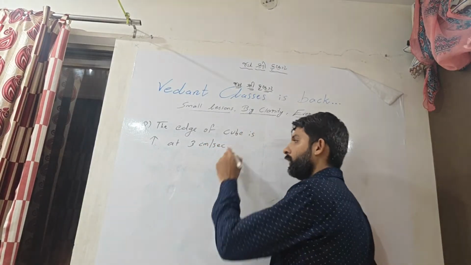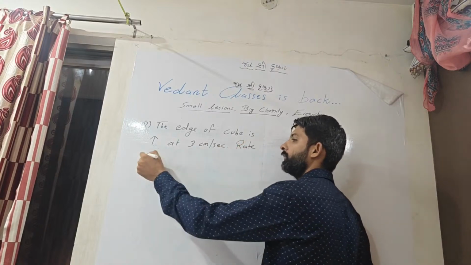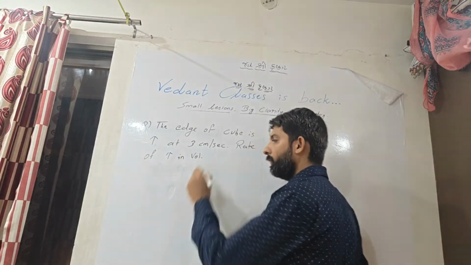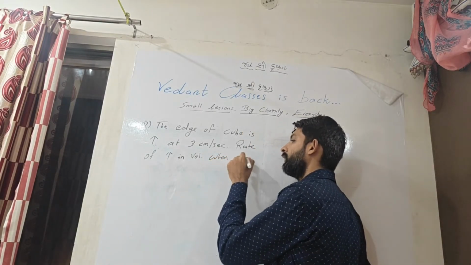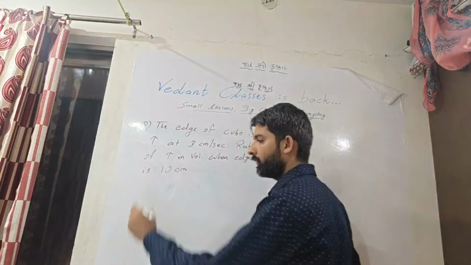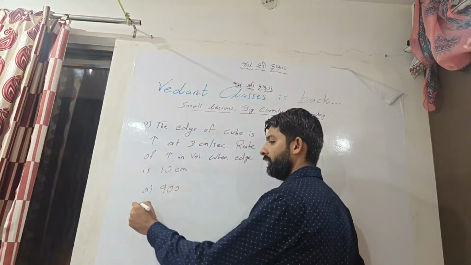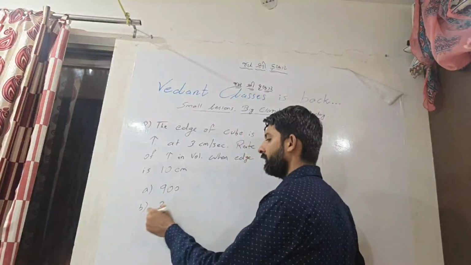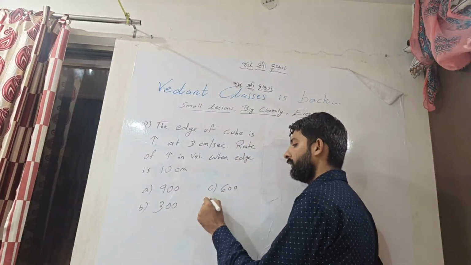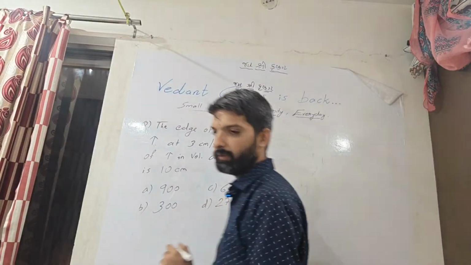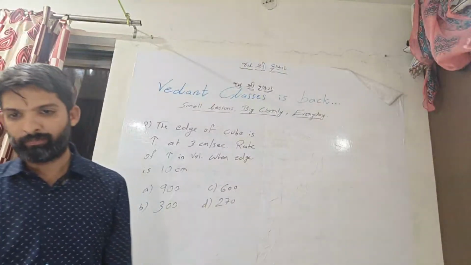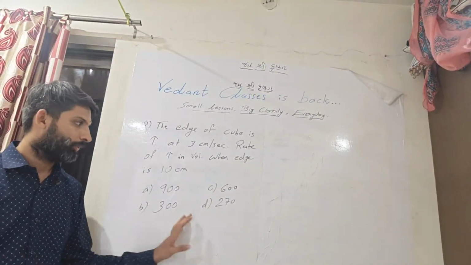The rate of increase in volume when edge is 10 centimeter. Options are A 900, option B 300, option C 600, option D 270. It's all in centimeter cube per second.